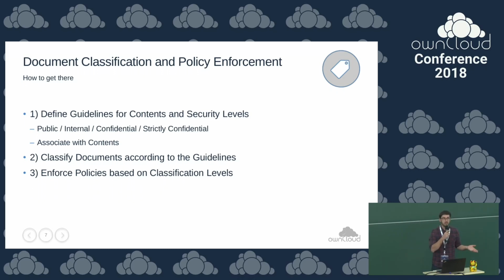And once you have that, you, of course, need to associate the contents of files with those security levels. When you have those guidelines set up, then you of course need to classify according to those guidelines, and then you can enforce certain policies that prohibit users from doing certain actions.